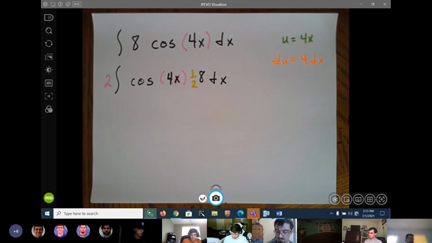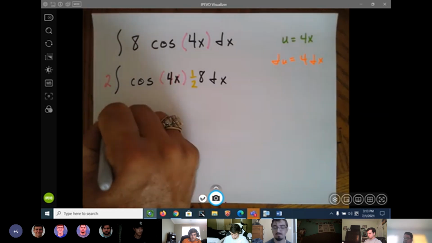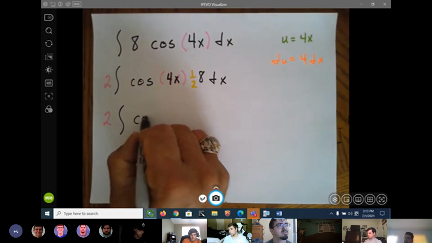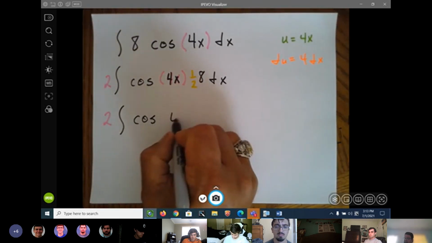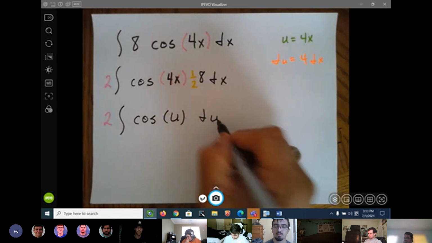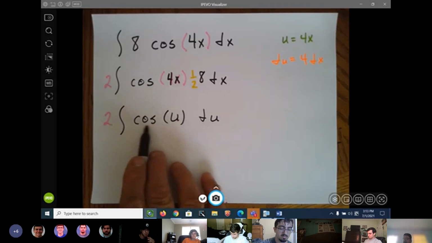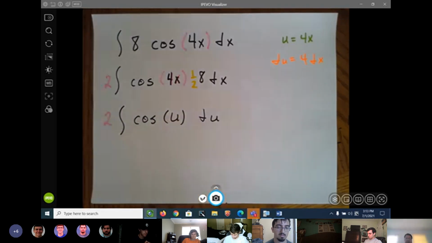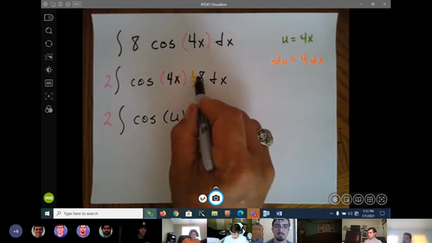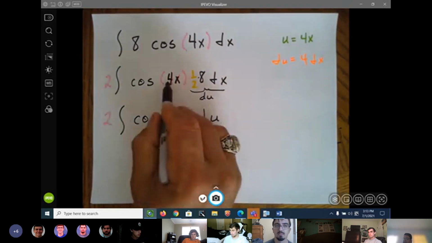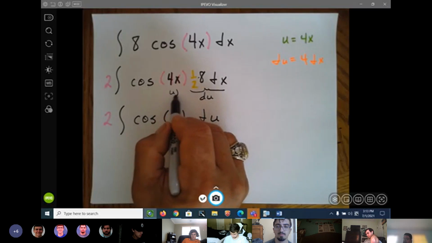And now I've got, and I just put a couple extra steps in here so you can see what I've got, 2 times the antiderivative of the cosine of u du. So if I have the cosine of u du, then I can take the antiderivative of the cosine.